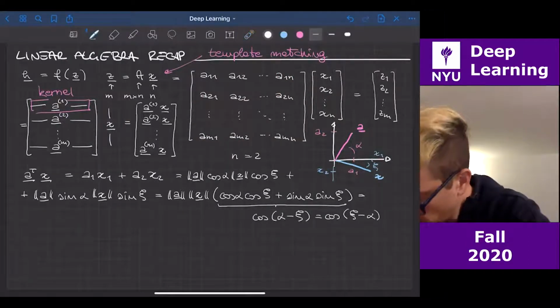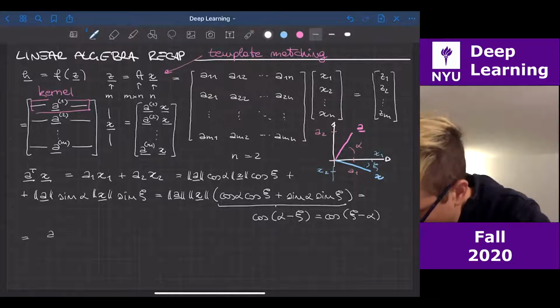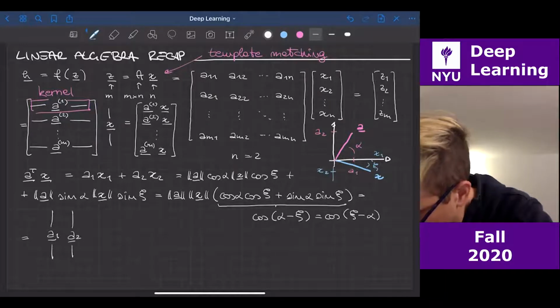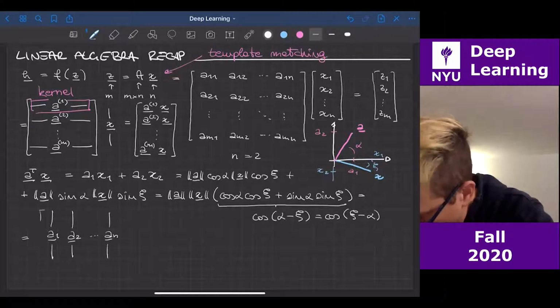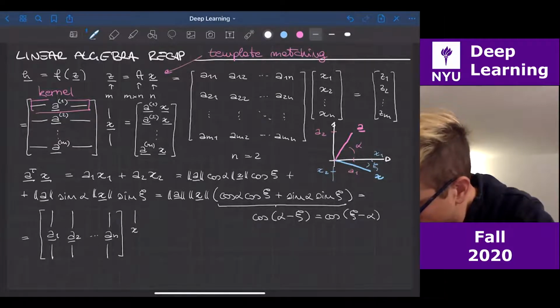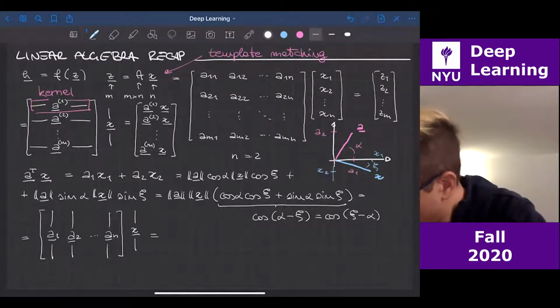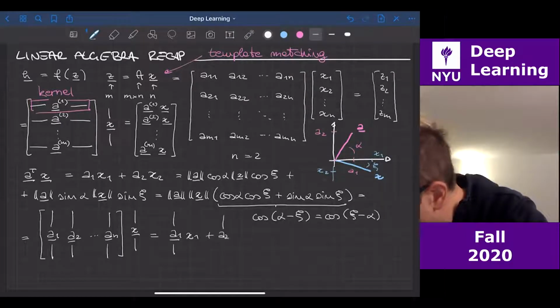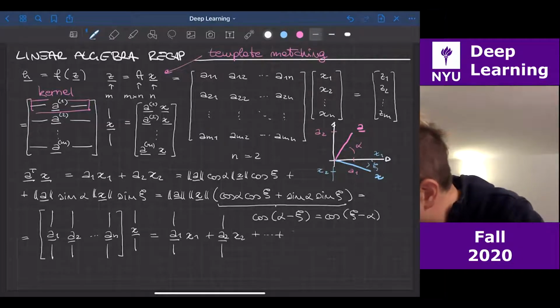I can write this as my A1 column vector, then the A2 column vector, until I get to the last one, which is the nth, because we have n columns. Then I multiply this by my vector x, and this is equal to the vector A1 times the first component of x, plus the vector A2 times the second component, and so on until A3 times x3.